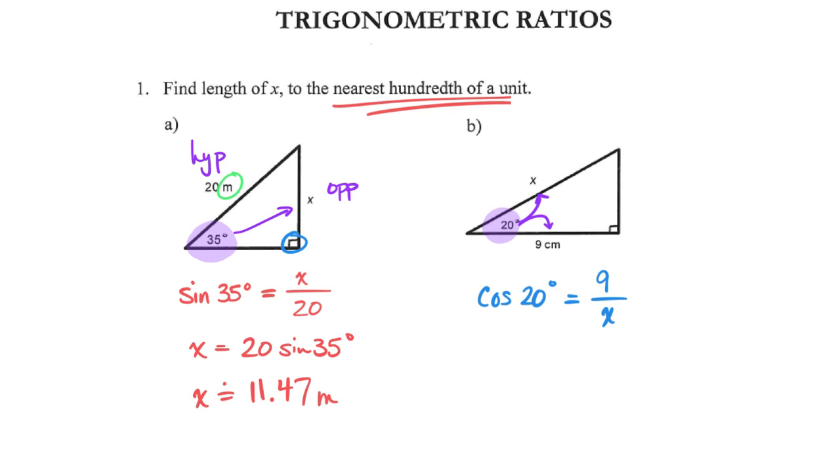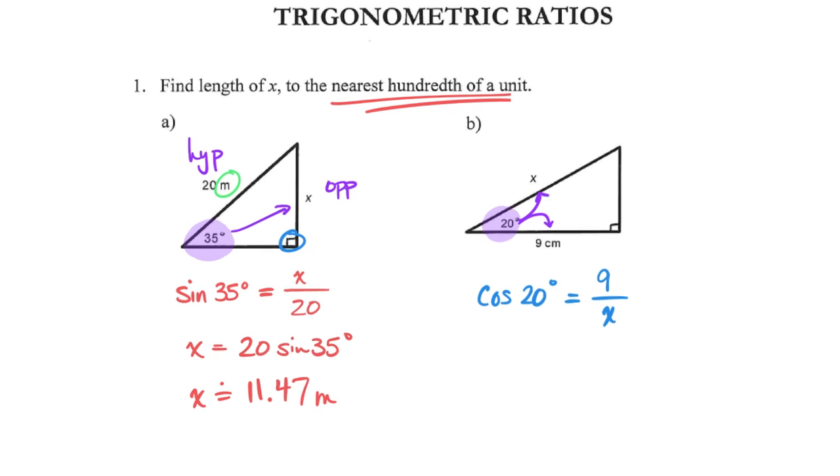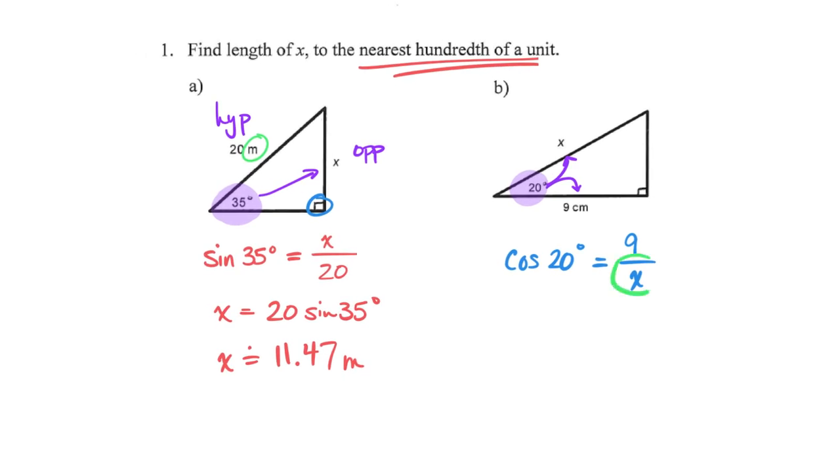So, you will note one important thing. When you look at that blue equation, my variable is on the denominator. That means I have to get it out of there. So I'm going to have to multiply out my x to start this thing off. To do that, I'm going to write in a green line.